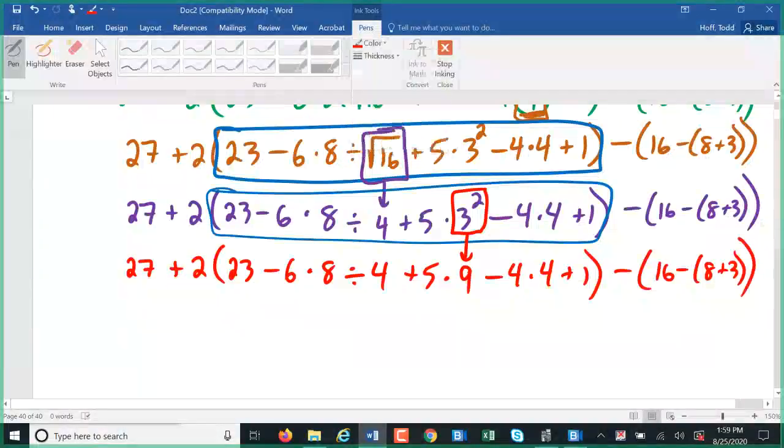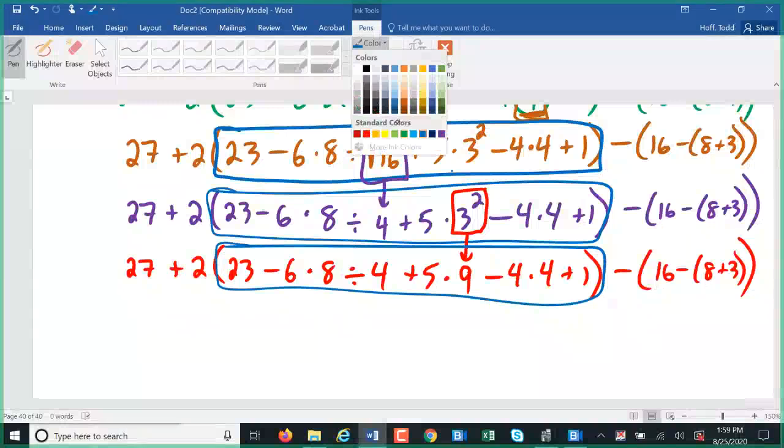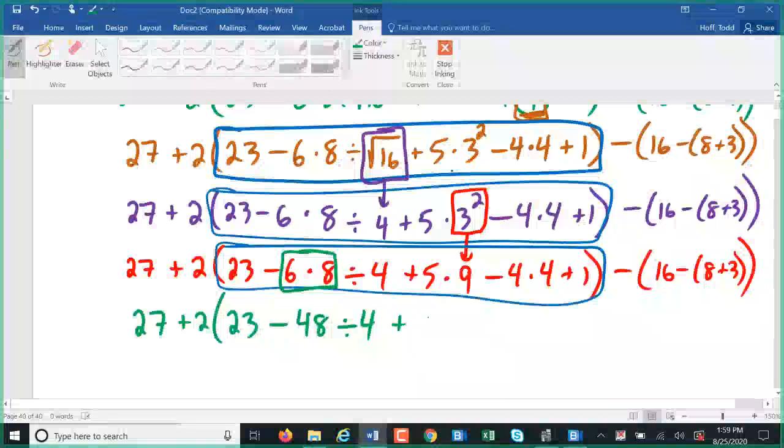So again, still working inside that parentheses, we are down to multiplication and division. Going left to right, we first run into 6 times 8, which is 48. Now, I get asked all the time, well, can't we do multiple multiplications and stuff at the same time?